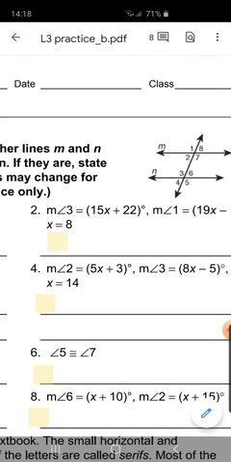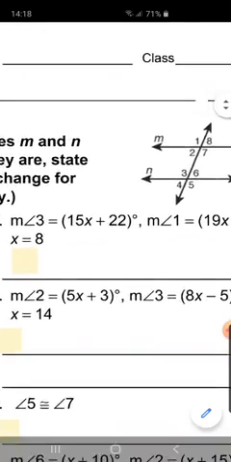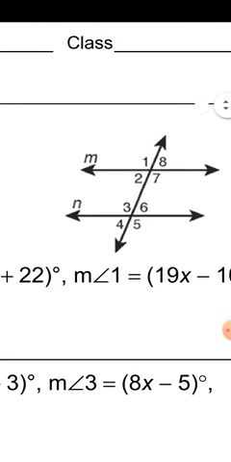They again gave you x's and they gave you the value of x to be 14. First let's find out what angle 2 and 3 are. Again, angle 2 and 3 are same-sided interior angles.